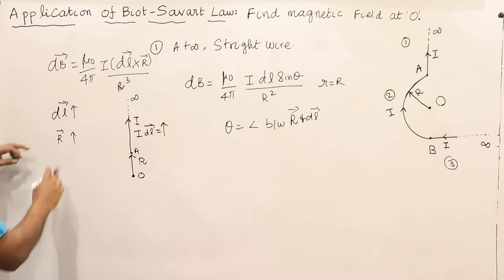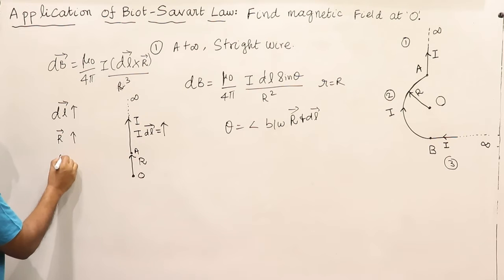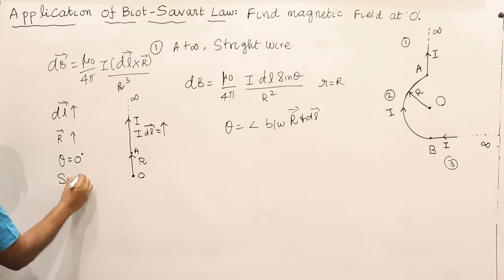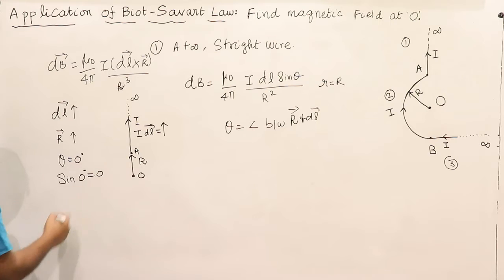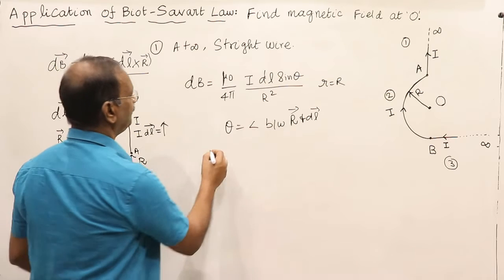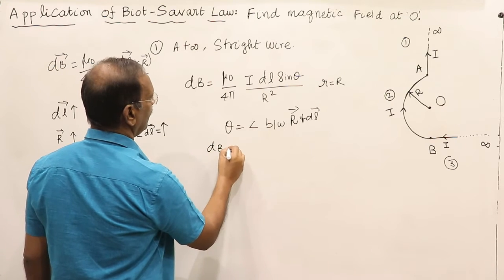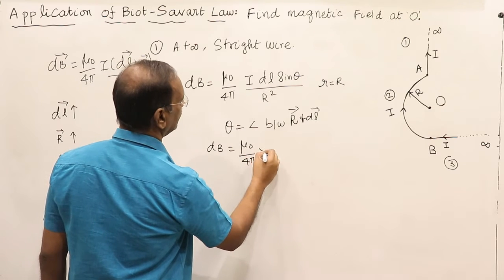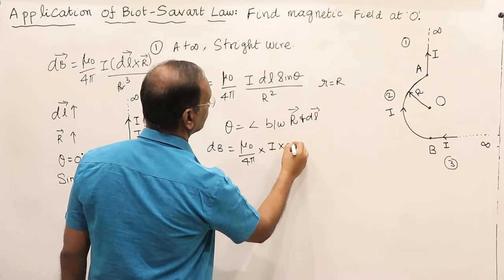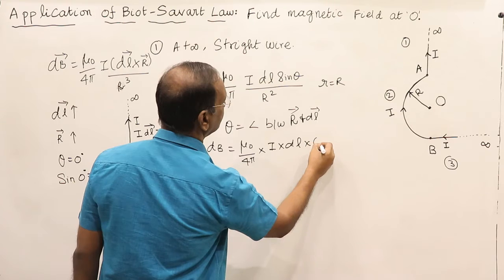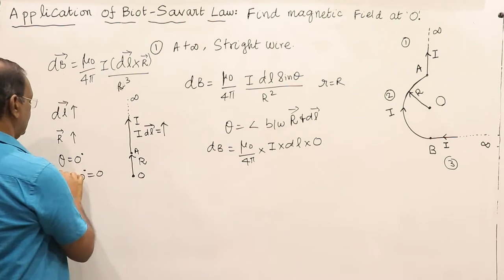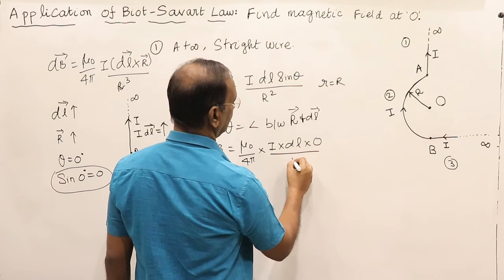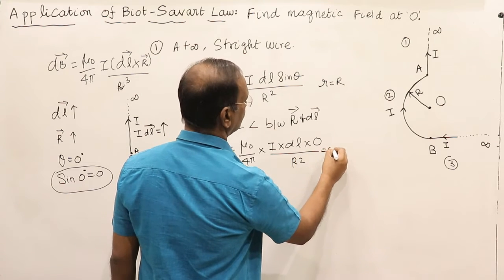So the angle theta between the dl and r vectors is 0 degrees, and sine of 0 degrees is equal to 0. So putting this in the formula, dB is equal to mu naught by 4 pi into I into dl into sine 0, which is 0, divided by r square, which is equal to 0.